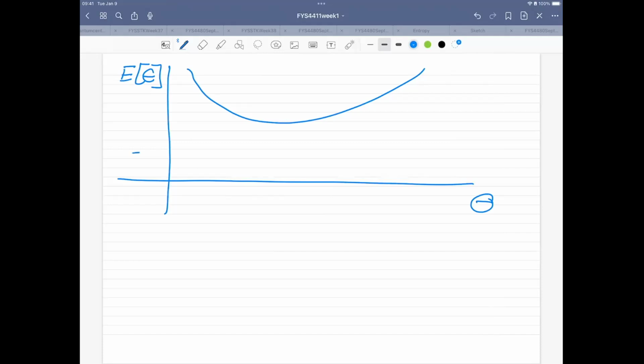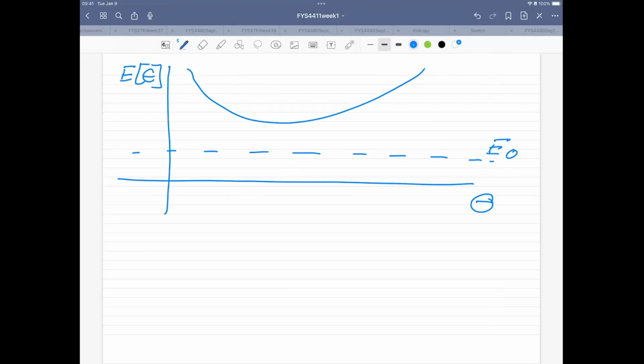Now, what I'm going to set up here, this is the Holy Grail. This is the exact energy, and I'm going to call that one E0. This is the lowest state for that specific Hamiltonian. So the Monte Carlo method is actually targeting, due to the variational principle, the lowest lying state.